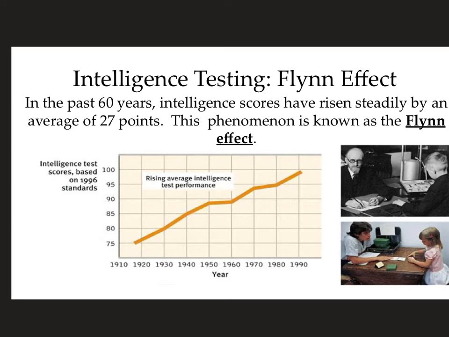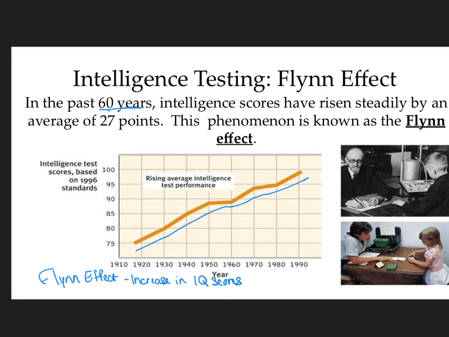Now, one thing we have noticed over the past 60 years is that slowly but surely, people's intelligence has been increasing, and this is what we call the Flynn Effect. So the Flynn Effect is an increase in IQ scores.